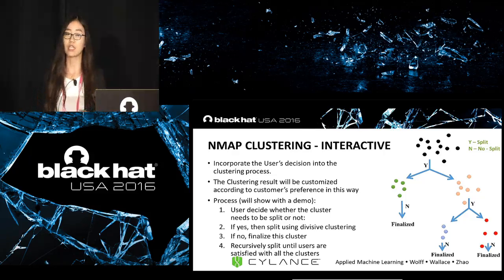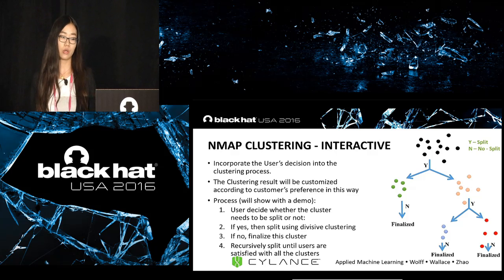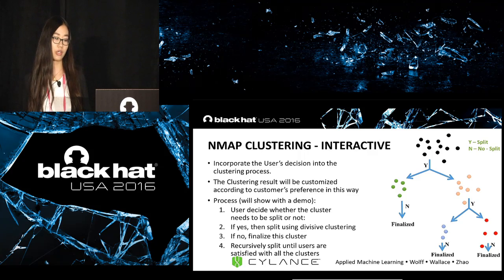If not, they click on split. Then the cluster will split into 2. And we recursively do this until the users are satisfied with the clustering assignment of all the samples. So with this said, we will do a demo on this. And Brian again.